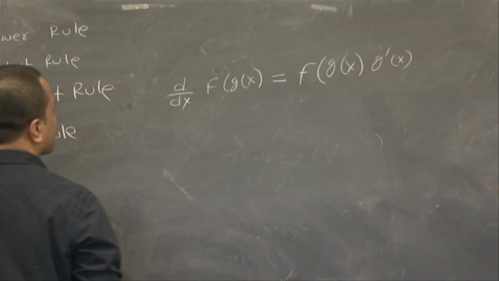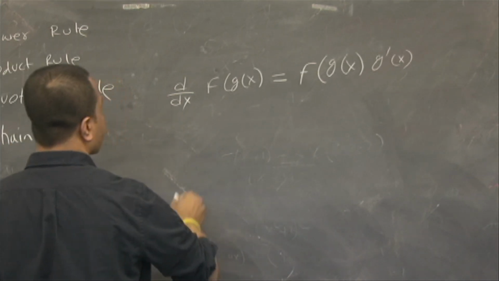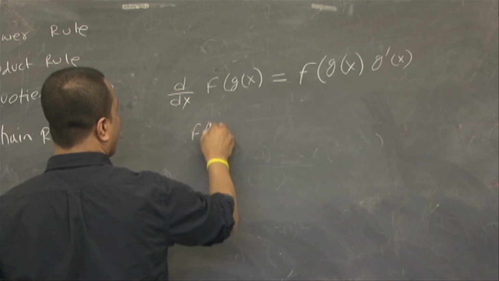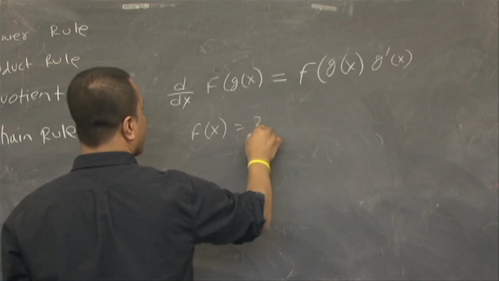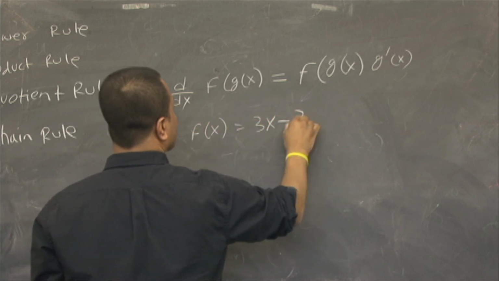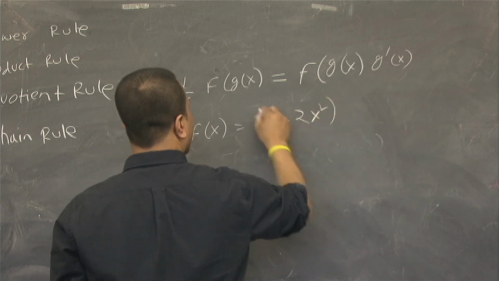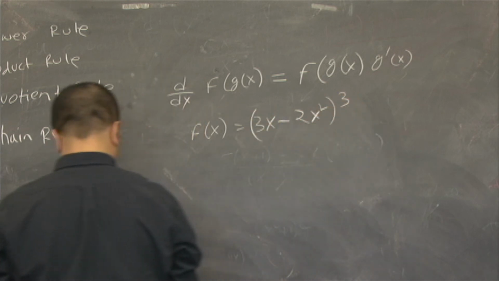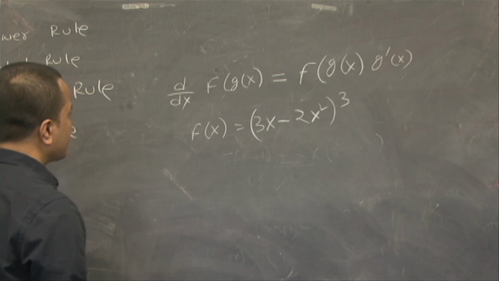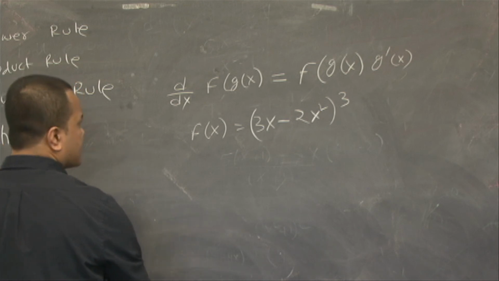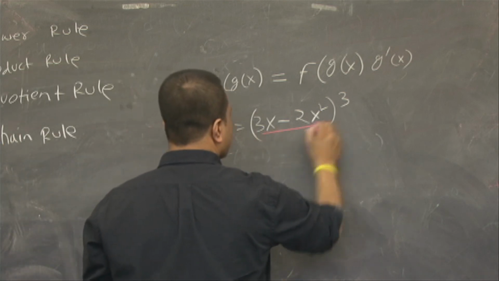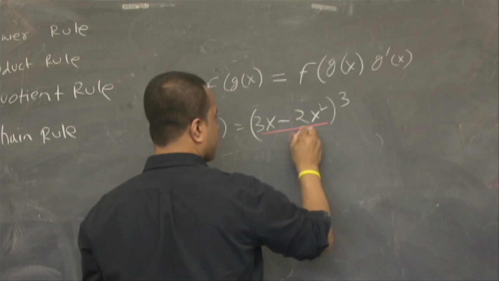So let's do an example. f of x equals 3x minus 2x squared, to the power 3. This one is inside, so we can call it g of x.